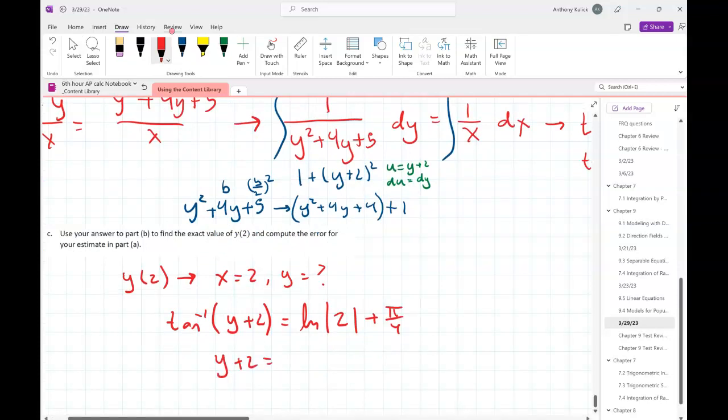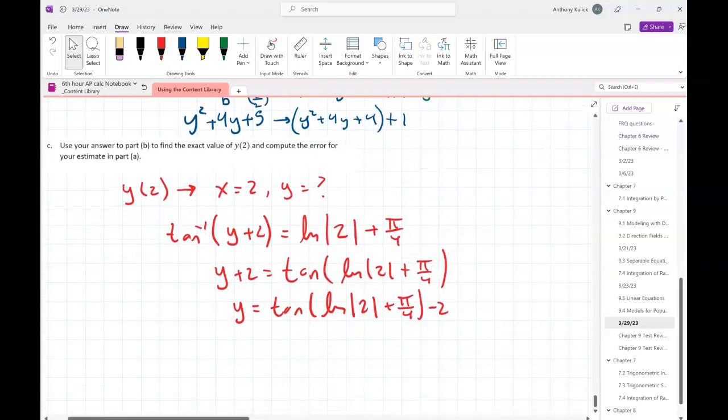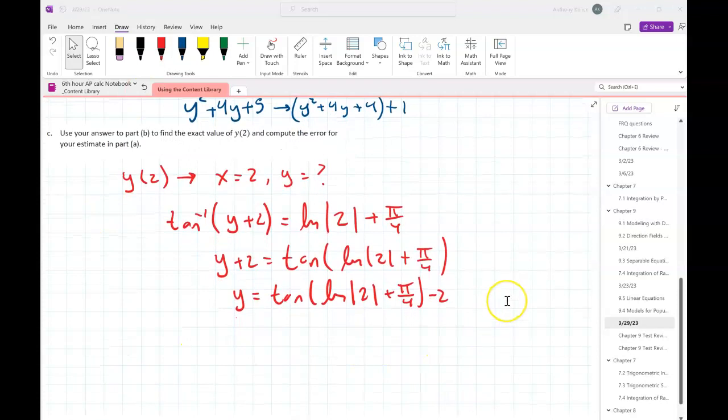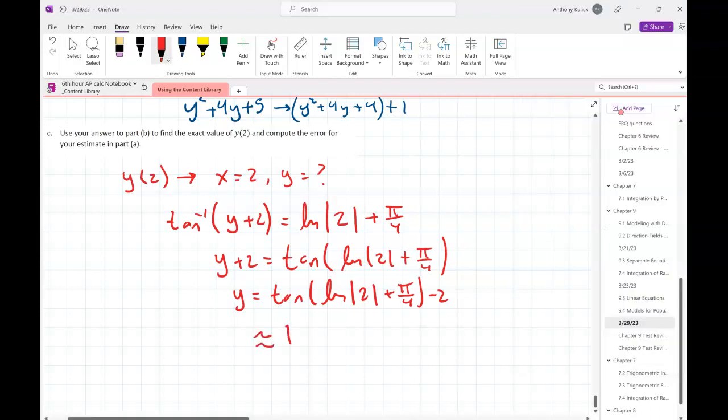To get the y by itself, we'll do the tangent of that and then subtract 2. I'm just going to go to my calculator and type that in. When I do that, I get negative 1.97.